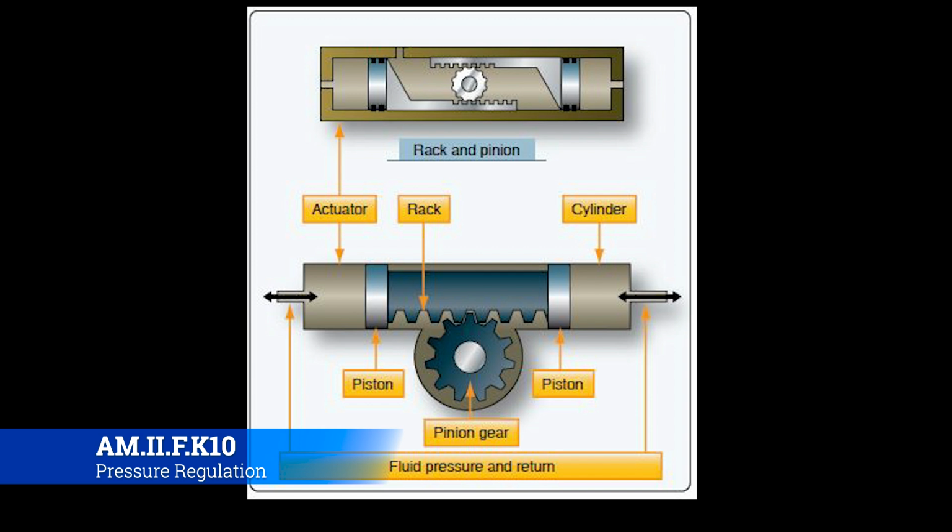They'll only move a finite amount, just like your linear actuators, but instead of having a piston that moves backwards and forwards with a long arm on it, it will simply move 2 pistons on a rack and pinion gear type system. So the hydraulic pressure actually spins the pinion gear, which then moves the pistons one way or the other, and that's how a rotary actuator works out. So you'll see those as well.